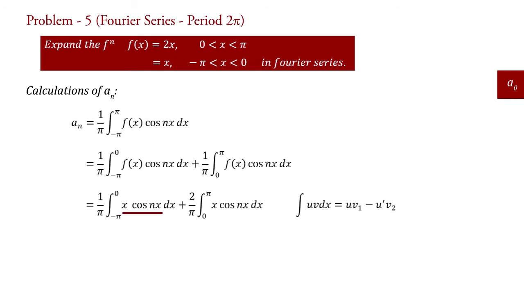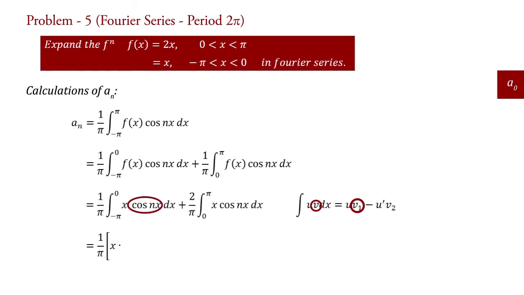For the first term, if we compare this integral with this integral, then here u equal to x and v equal to cos nx. So by applying this formula, we can write an equal to 1 upon pi into, here u equal to x. So we put here x into v1, that is the integration of v, and v equal to cos nx.